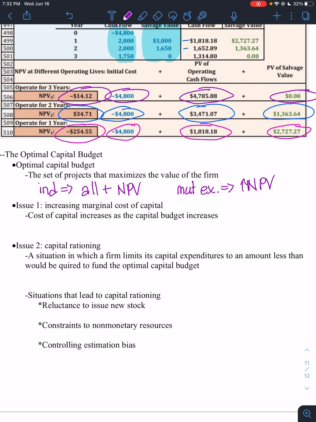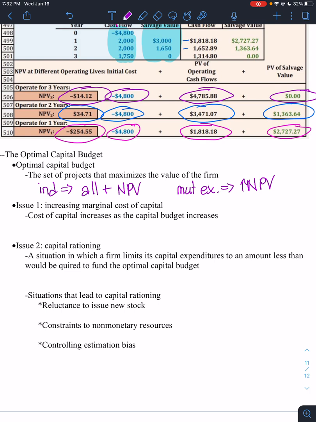Sometimes, for various reasons, firms don't seek out their optimal capital budget. And there are two basic reasons why. The first one is what's called an increasing marginal cost of capital. Remember, marginal is like that last dollar of your taxes. The last dollar of your income is taxed at a higher rate, right?